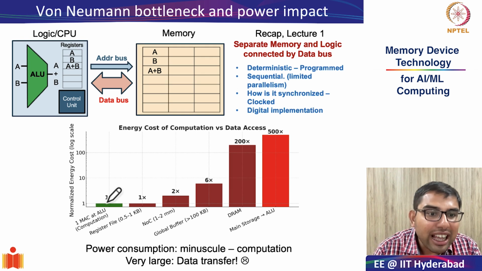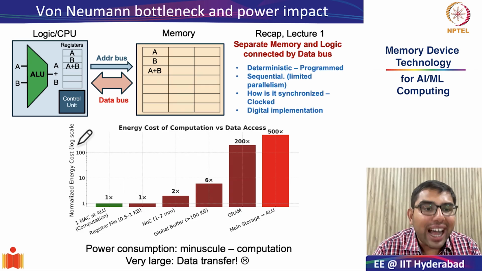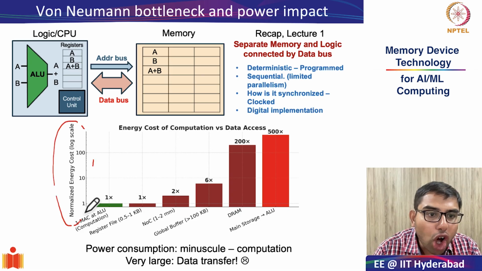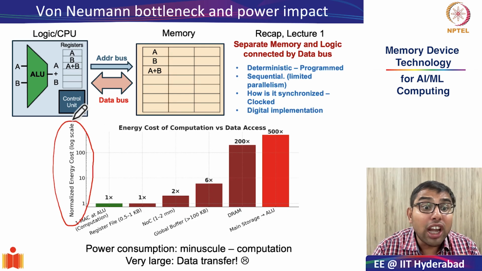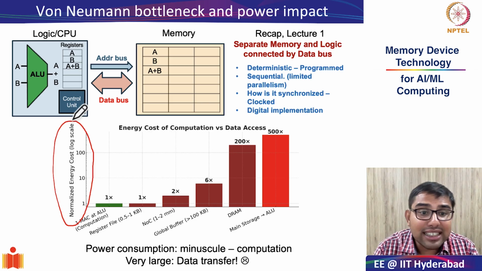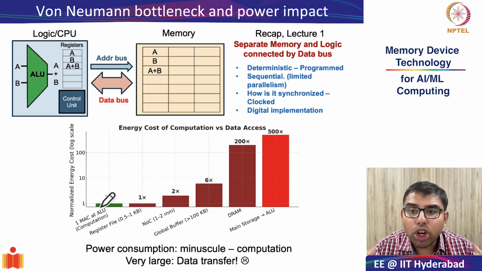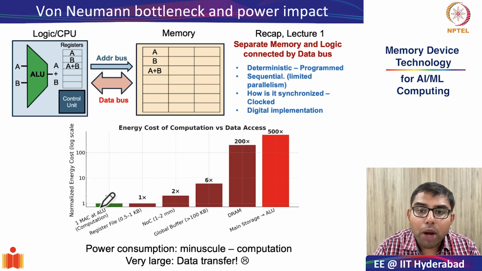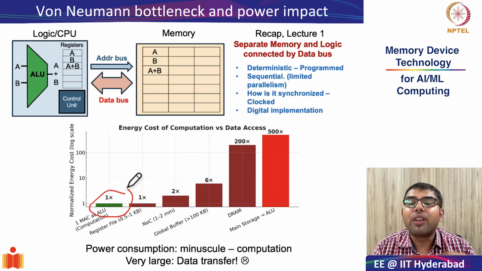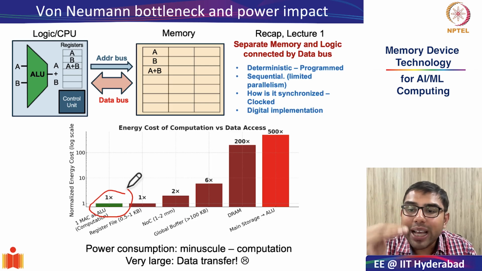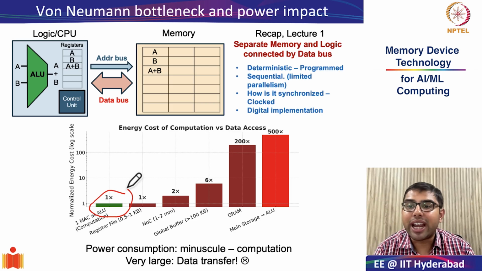And this is what is shown here. In the y-axis, I have given the normalized energy in a log scale. Please remember, this is in log scale. And what is it normalized against? It is normalized against a single MAC operation happening at the ALU. This is our baseline, which is marked as 1x.